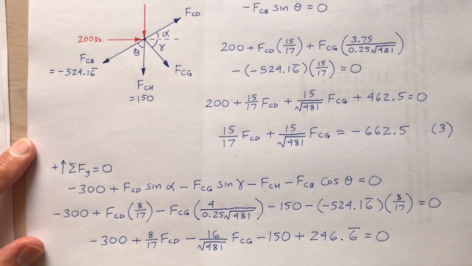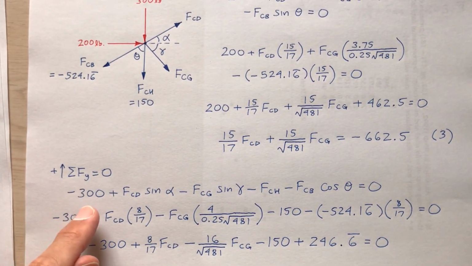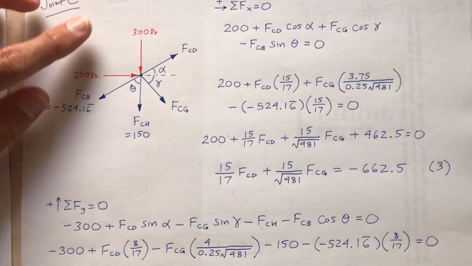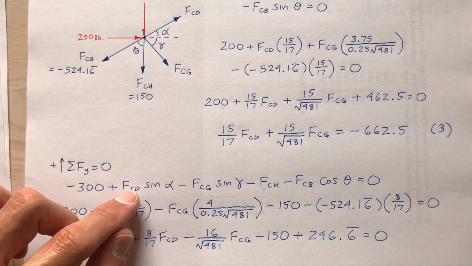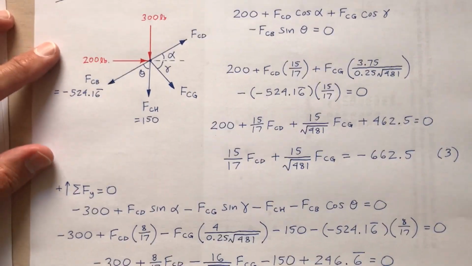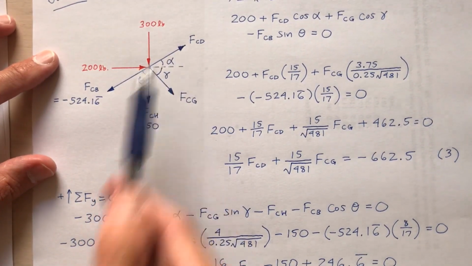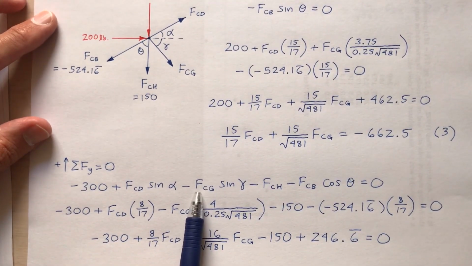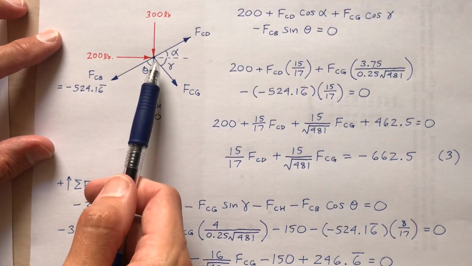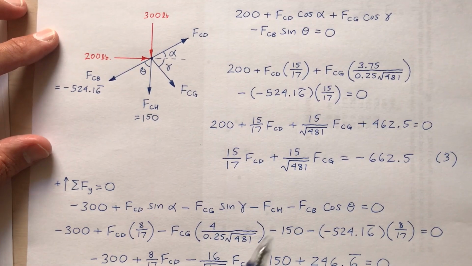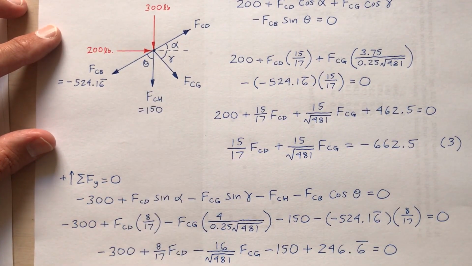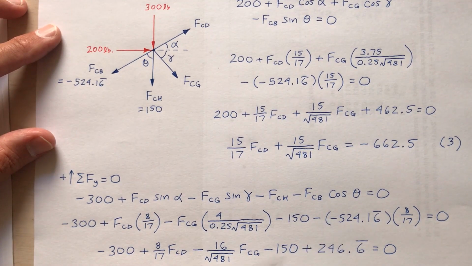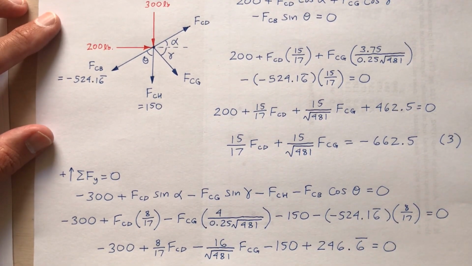So I set up an equation for the sum of the forces in the y direction, negative 300, that's this load on the joint, plus F sub CD sine alpha, the vertical component of this vector, minus F sub CG sine gamma, the vertical component of this vector, minus F sub CH, that's this vector going down, minus negative 524.16 times 8/17.